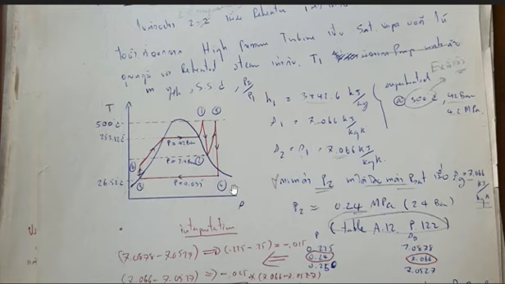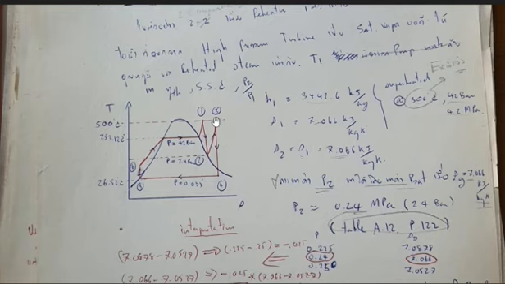And another thing that I would like to point out is that the process between 3 to 4, when the steam going in to the turbine and coming out of the turbine, it is called isentropic process, where the entropy from point 3 and point 4 will be equal, or S3 will be equal to S4.